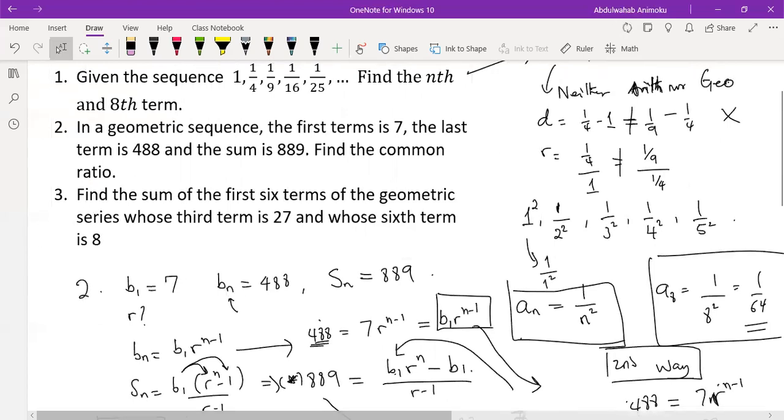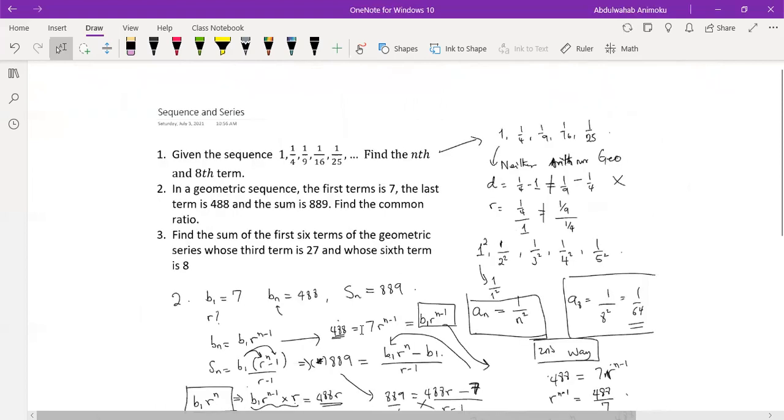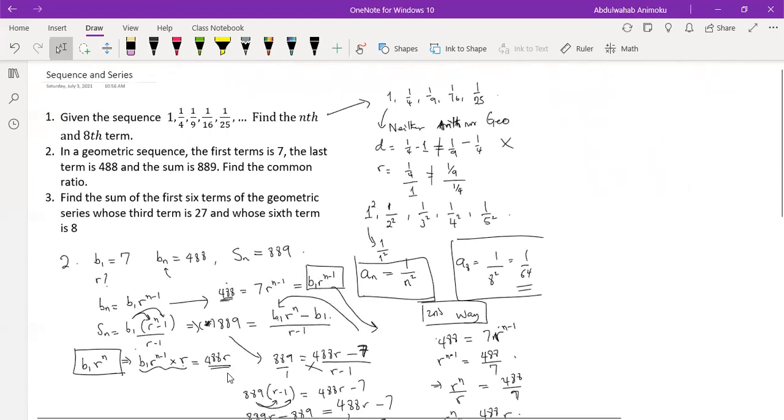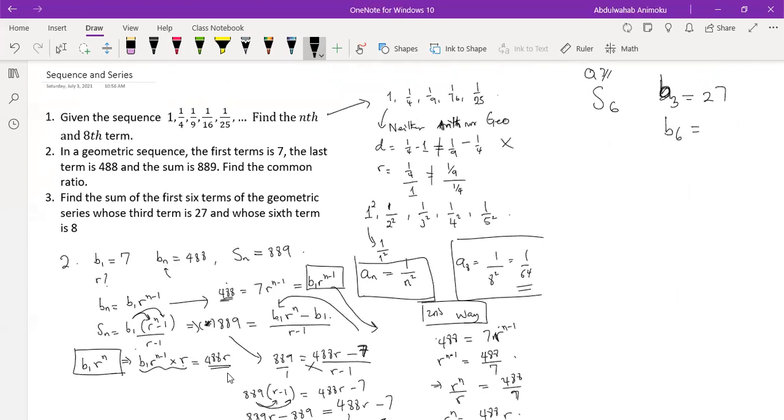So now let's go to the third problem, which says find the sum of the first 6 terms. So we're looking for S6 in this question 3. It's the sum of the first 6 terms of the geometric series whose third term is given as 27 and the 6th term is given as 8.